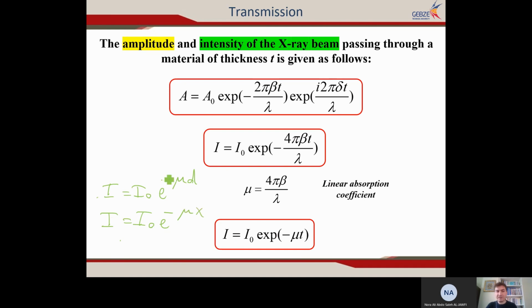You can see this type of definitions and symbols for the thickness of the material, but they are defining the same thing. This is the thickness of the material.